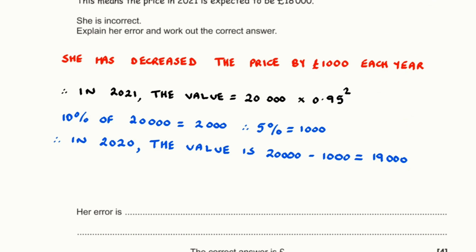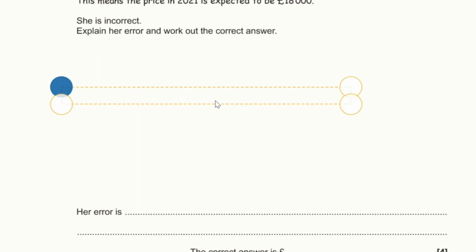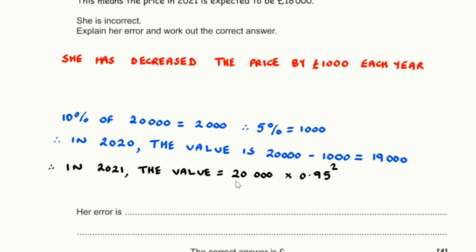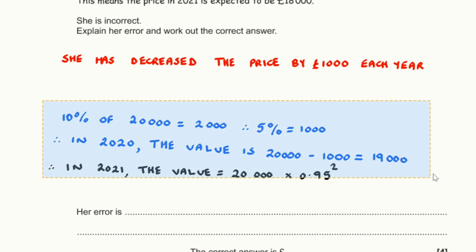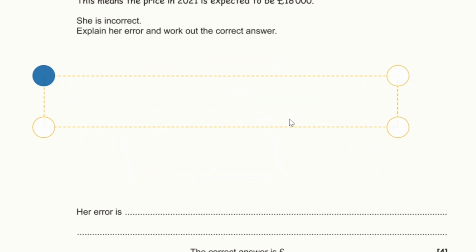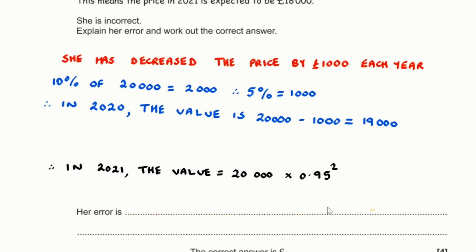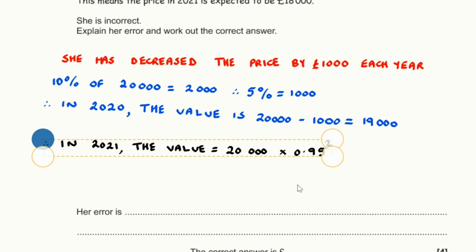Now, if we work out the value of the car in 2021, what we need to do here is work out 5% of 19,000.